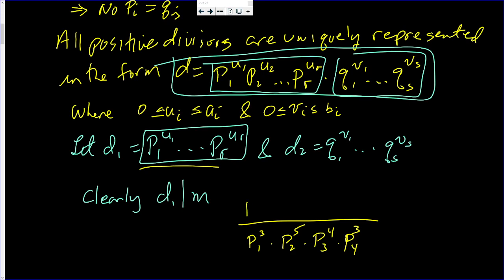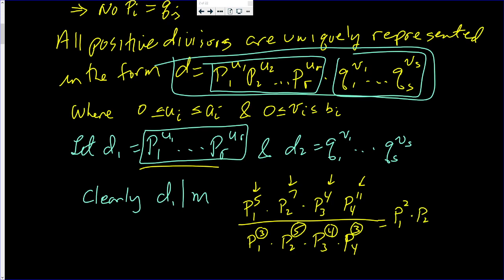Now that's going to go into p sub 1 to the fifth, p sub 2 to the 7, p sub 3 to the 4, p sub 4 to the 11. Notice that this power is no bigger than 5, this power is no bigger than 7, this power is no bigger than 4, 4 is not bigger than 4, and this power is no bigger than that power. This is going to equal p sub 1 squared times p sub 2 squared. If I put p sub 3, the power will be 0. p sub 4 to the 8.